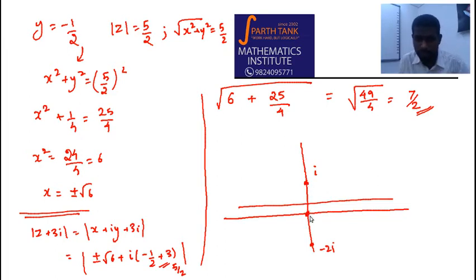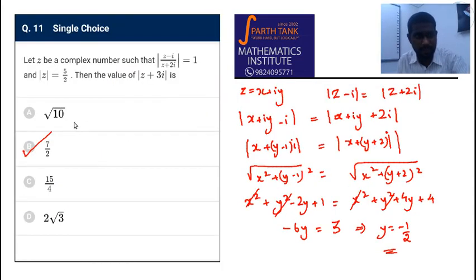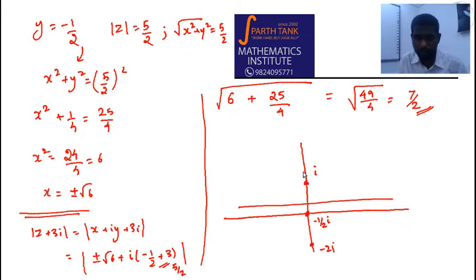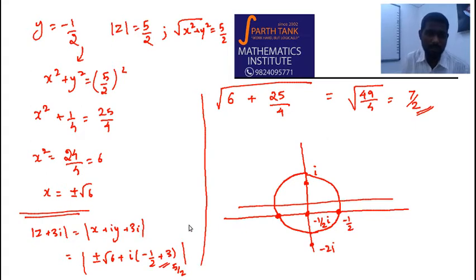That is, it passes through minus 1 by 2 i. And mod z is 5 by 2, which is a circle of radius 5 by 2. So z basically is this point or this point, where they intersect. So what will be this point? This is minus 1 by 2, which you got now, and from the circle you get this point. After you get z, for z plus 3i you're just adding 3 to this and then finding the magnitude.